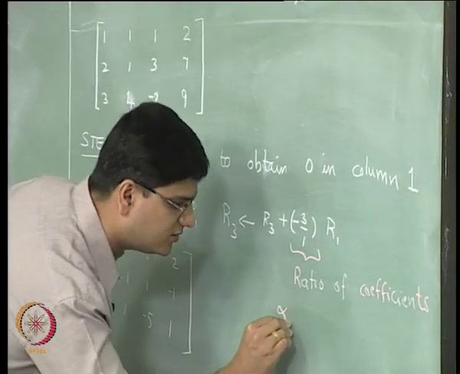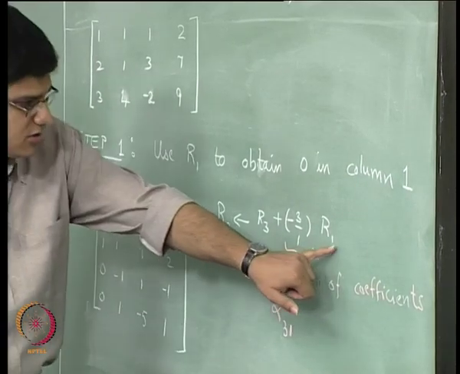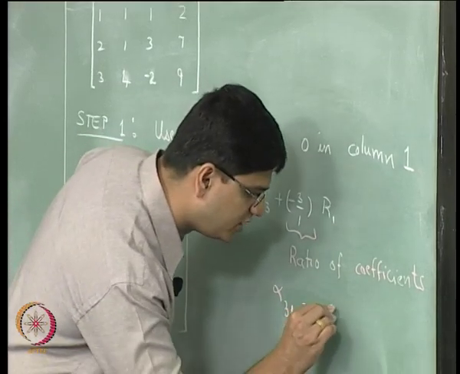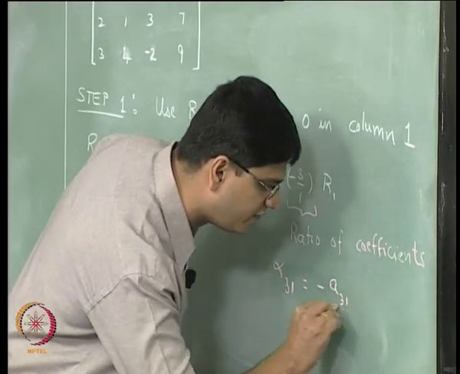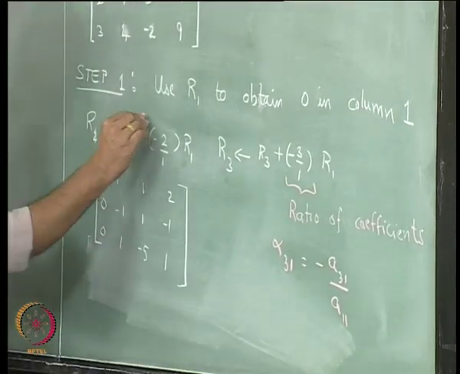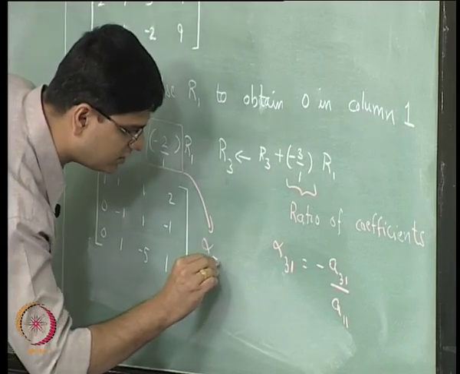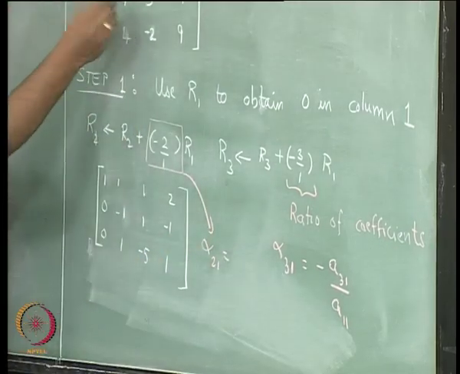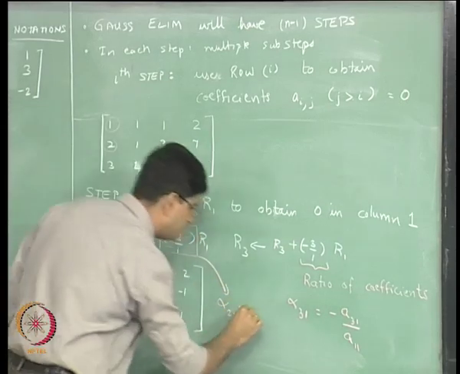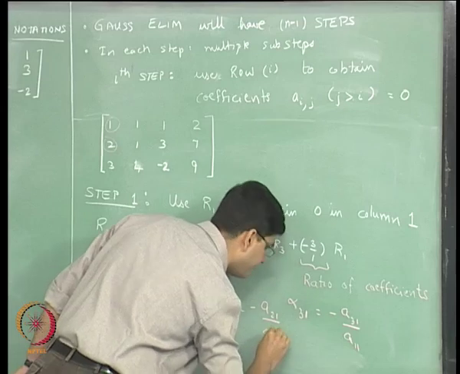So alpha 3 1, because we are changing row 3 by using row 1, alpha 3 1 is going to be equal to negative A 3 1 divided by A 1 1. Likewise, what we have over here is alpha 2 1 is going to be negative of 2 divided by 1, which is negative A 2 1 divided by A 1 1.